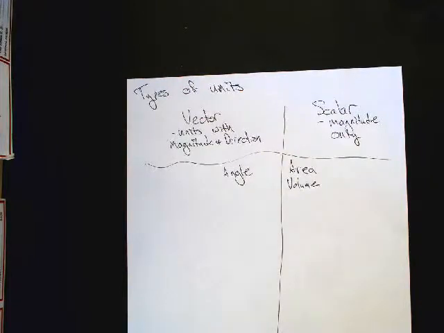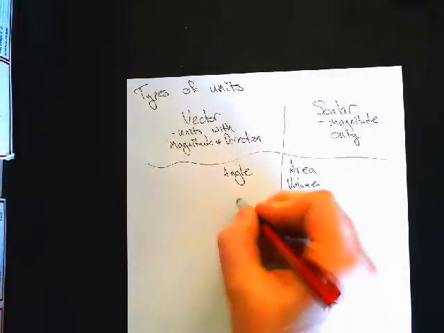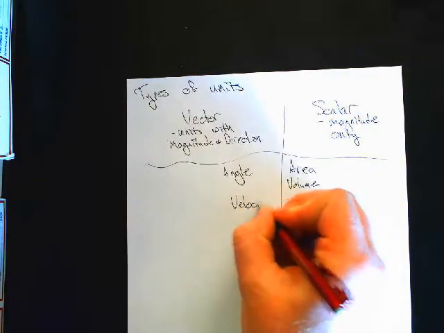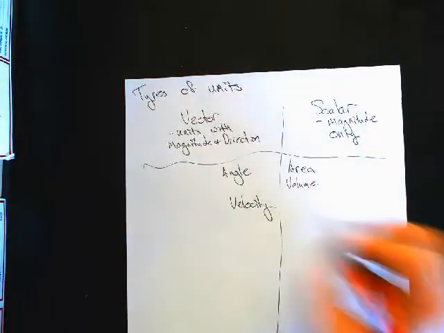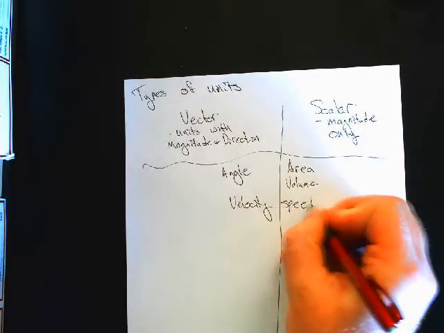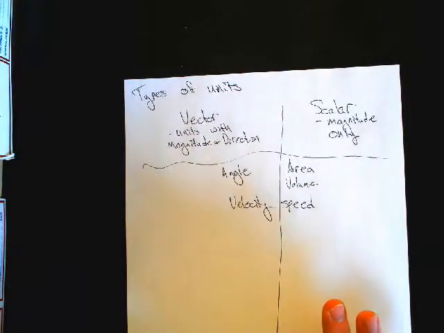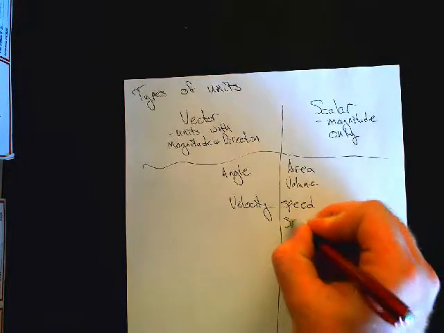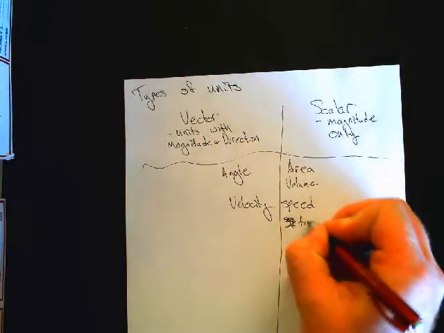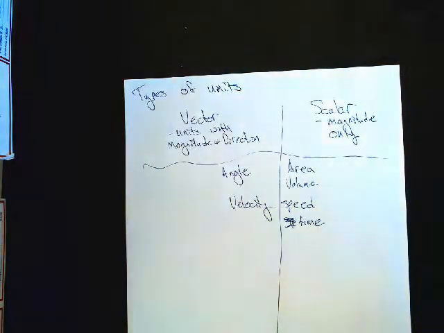What other units? Velocity, all right? And its counterpart? Speed. What other things can we put in here? Time. Okay, I'm putting time into a scalar category because I don't want to deal with the idea that it can have direction. Yeah, we don't want to talk about that. So we're going to put it in scalar.